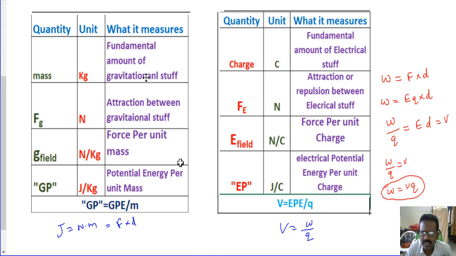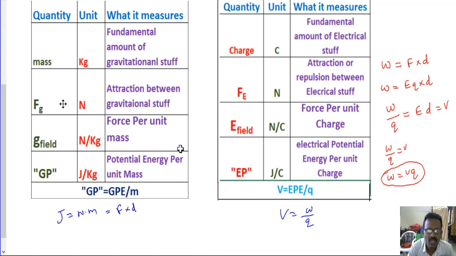Where does the attraction of charge come from? It comes from the electrical stuff. It is a fundamental amount of electrical stuff. Now, here I am going to talk about the gravitational force, and here I talk about the electrical force.